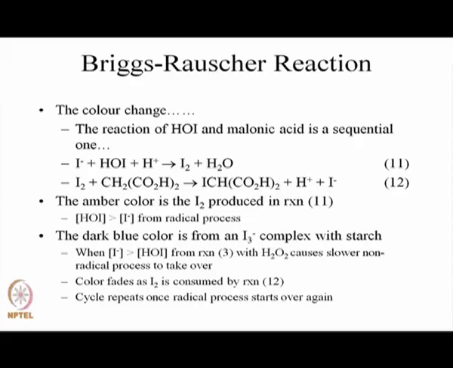If you can design a reaction, or a number of reaction steps, in such a way that they are interconnected, and if you optimize the concentrations of the reactants in such a way that one reaction acts as the feedback for the other reaction, that is, when the concentration of one reactant has reached a certain limit, then the second reaction starts, and the second reaction again reduces or increases the concentration of that particular component, like in case of BR it is iodide, or in case of BZ it is bromide.